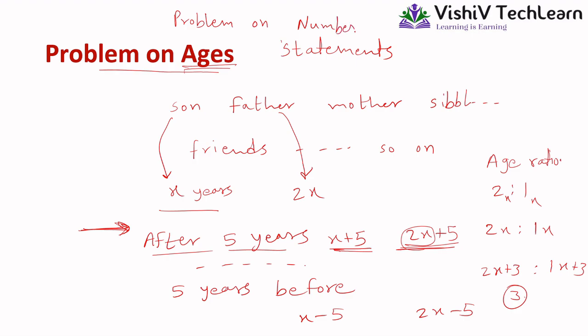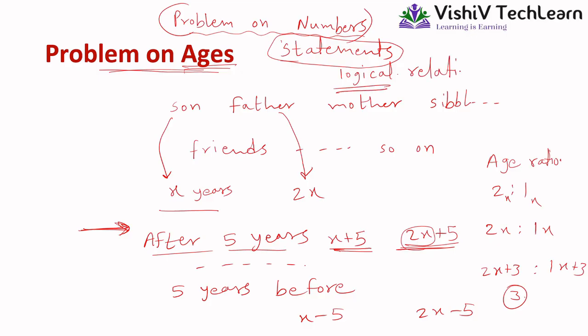You may refer to that topic before this one. There we have already seen such tricky statements. Once you understand these logical statements, the relation between the given characters, and this part, after 5 years and before 5 years, then this topic is very easy for you. After solving a few questions you will be confident. So let's start with the questions now.